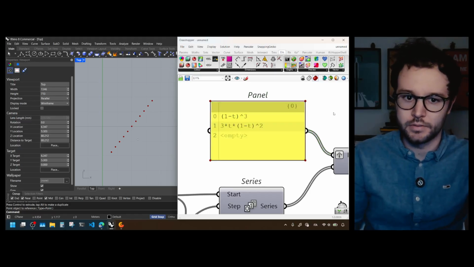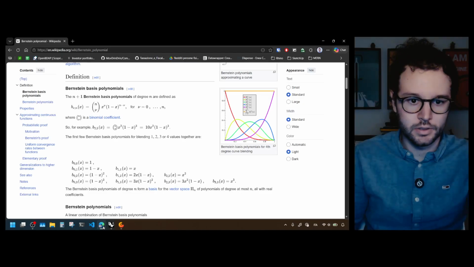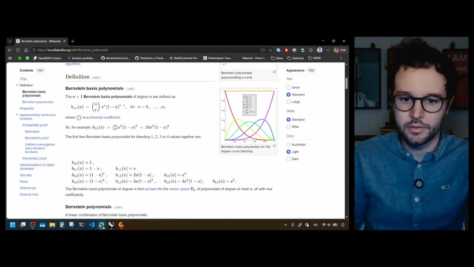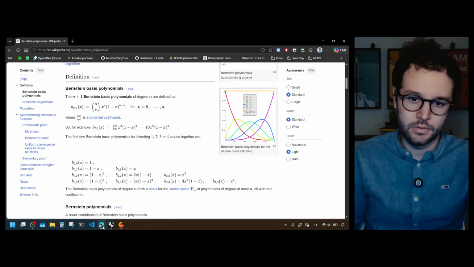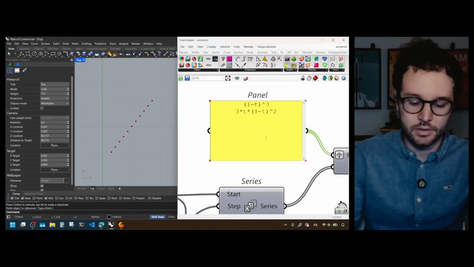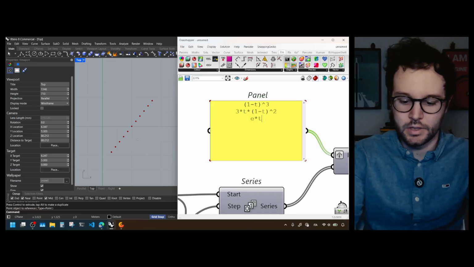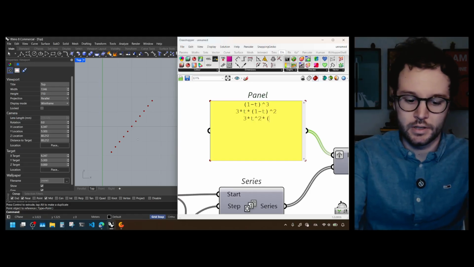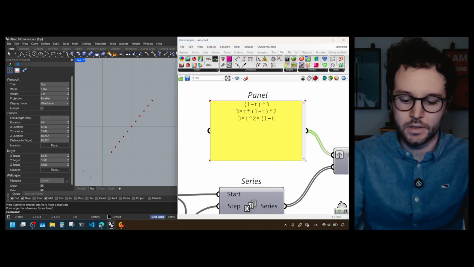And then we have 3t, 1 minus t squared. The same 3 with t squared. So 3 times t squared times 1 minus t.